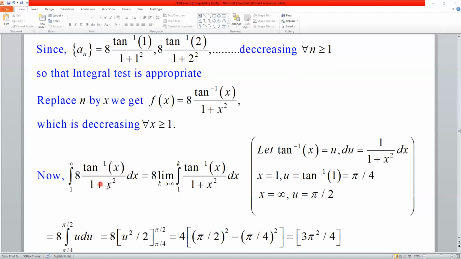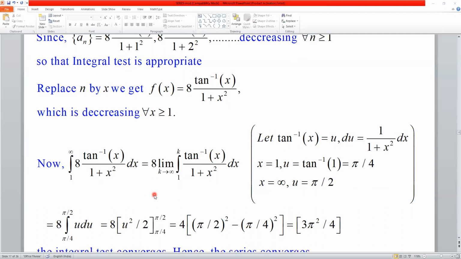So 1 by 1 plus x square dx is written as du, and tan inverse of x is written as u. So this integral becomes u into du.